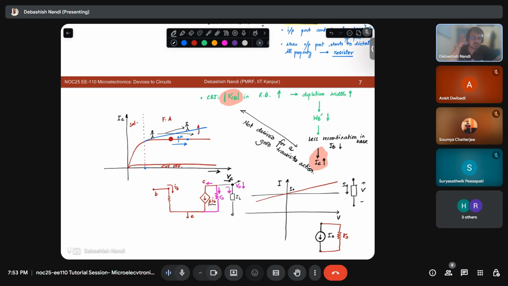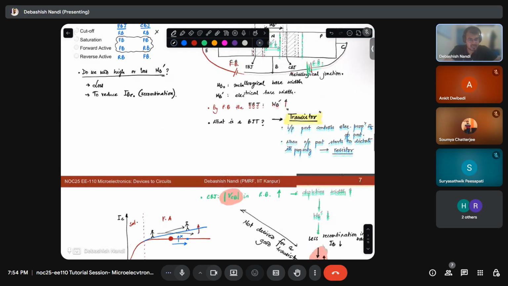This effect is called base width modulation. And this modulation is enabled by the collector voltage or the output voltage. So I do not want my output voltage to control my output characteristics. Then it will just make a resistance. Fine. So this is what base width modulation is.